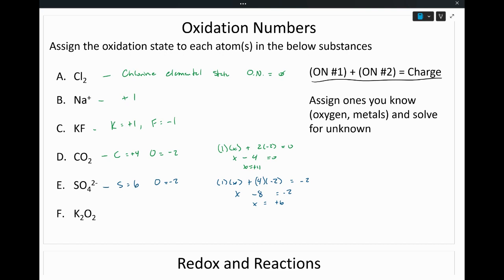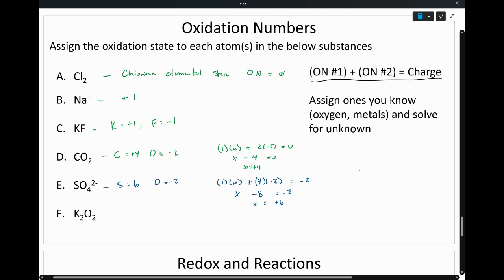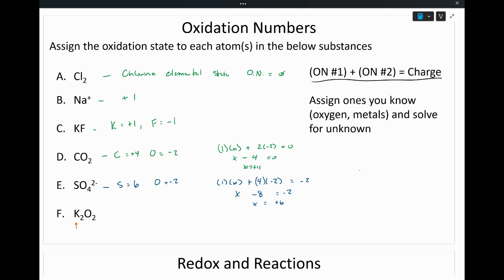And then finally, we have a peroxide. That's something that I said we wouldn't deal too much with. I have it here as an example, but we won't have any of these examples in any of our exams. We're going to follow the rule for our groups that these alkali metals like potassium have a +1 oxidation state. We see that if we gave oxygen its usual -2, we would not get charge neutrality.